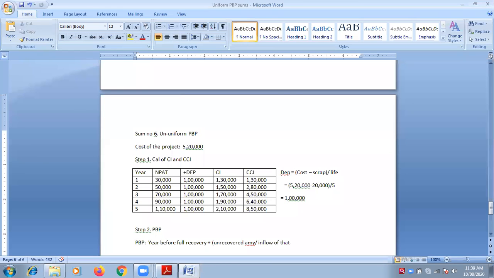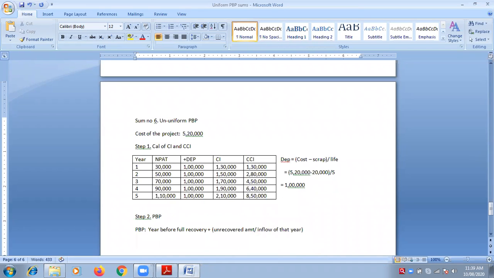I hope you remember, huh? Sorry, this is amount. Inflow of that year. Now, those who have not understood previously, it's a better chance for you all to understand this formula once again. Once again, you can focus and try to understand the typicality in the formula. Okay.